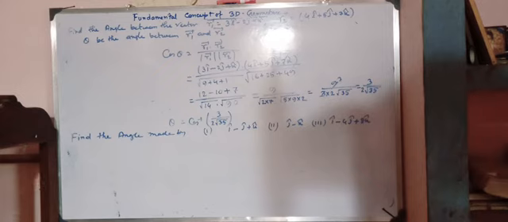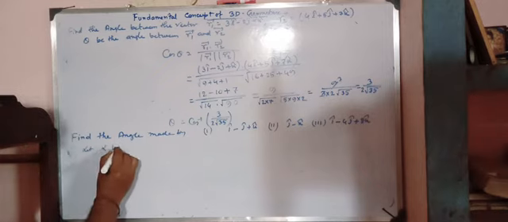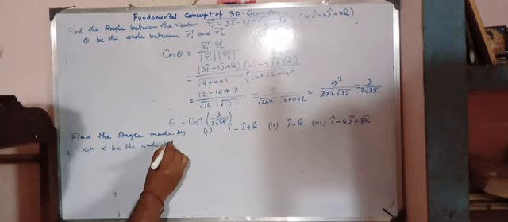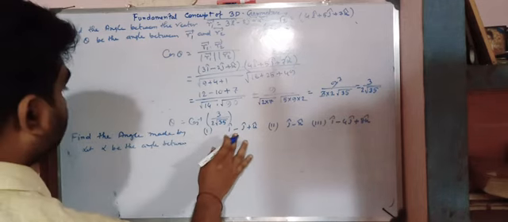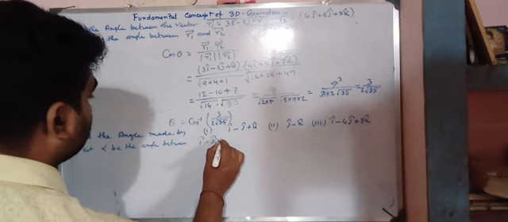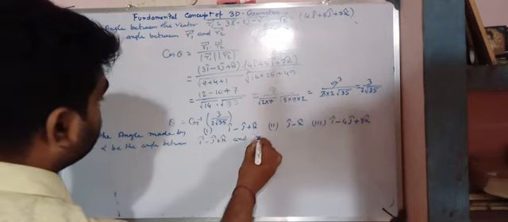So the first vector can make an angle with the coordinate axes. Let alpha be the angle between the vector and the x axis.